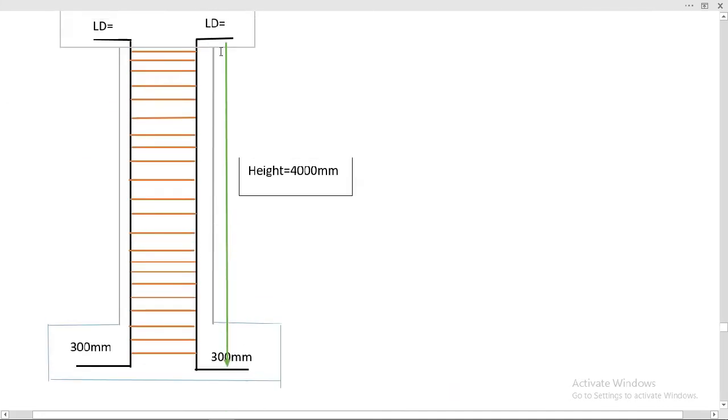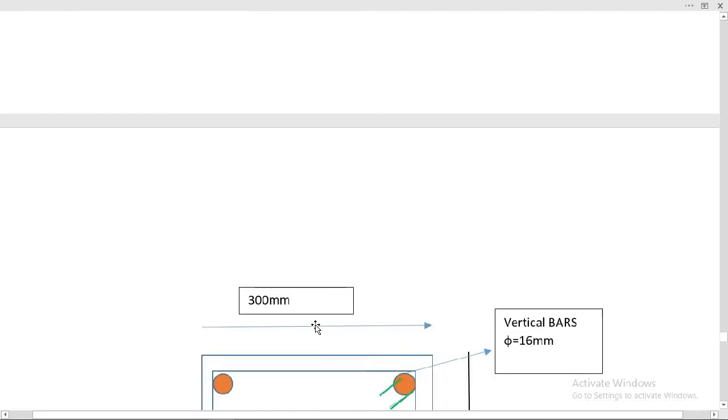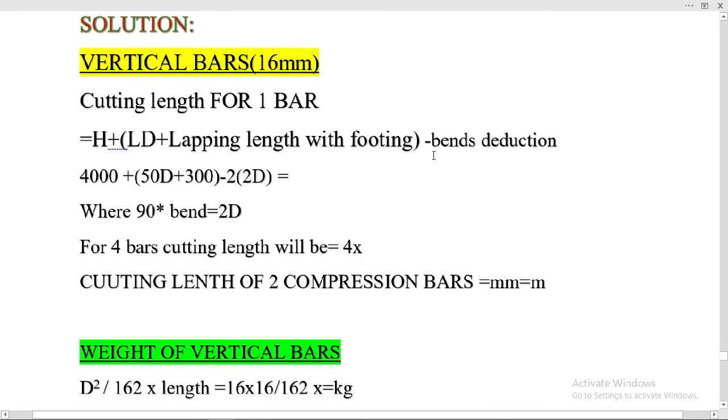Here for one longitudinal bar we have two 90-degree bends, so we will deduct two 90-degree bends in the formula. Minus bend deduction will be 2d. For one 90-degree bend we have the formula 2d, and we multiply it with 2 because we have two 90-degree bends. So let's calculate the cutting length of one bar. Let me calculate it on the calculator now.